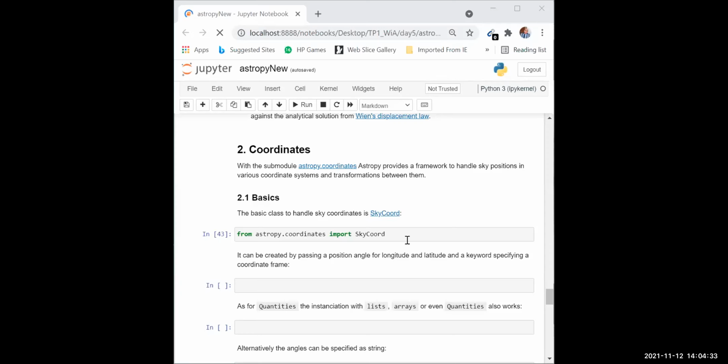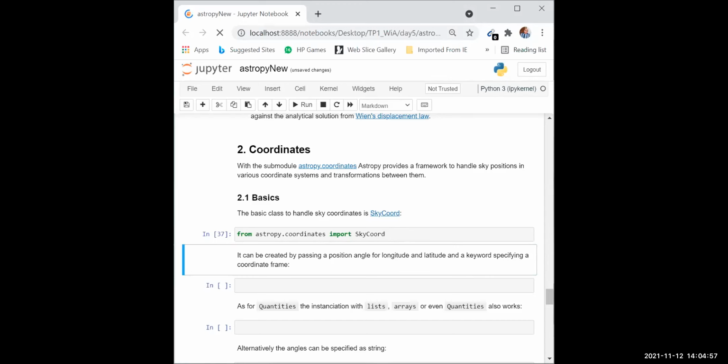And Astropy has SkyCoord. We do this from astropy.coordinates import SkyCoord. Okay, so you run it, and it can be created by passing a position angle for longitude and latitude, and a keyword to specify a coordinate frame.